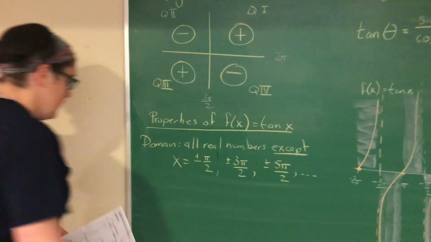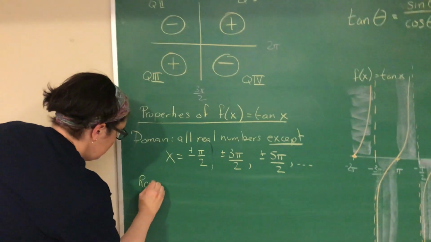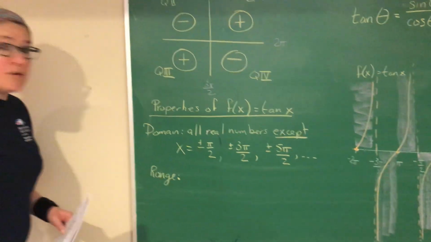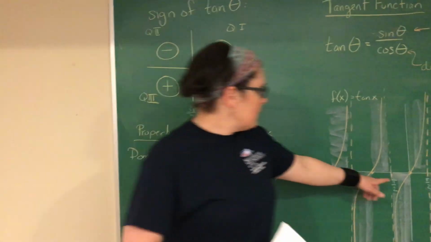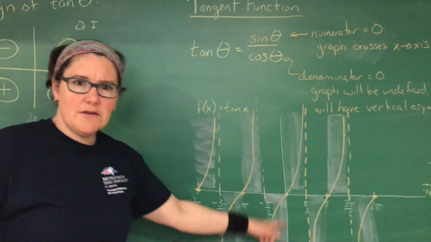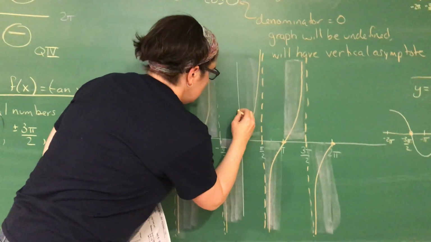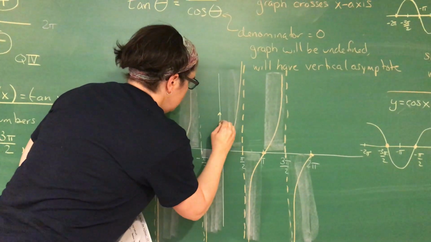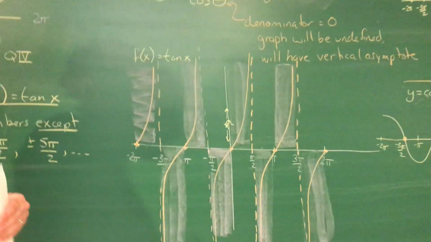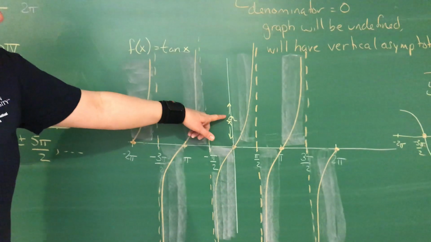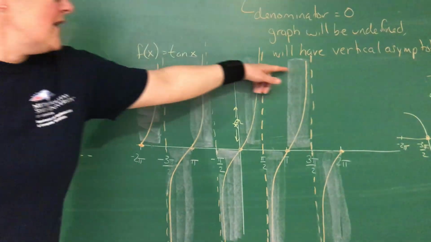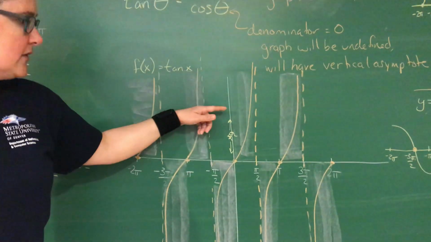The range for our tangent function has to do with the y values that you're allowed to get. If I think of a little guy rock climbing up and down the y-axis, when he's climbing up the y-axis, he'll see part of the graph to the left and to the right.